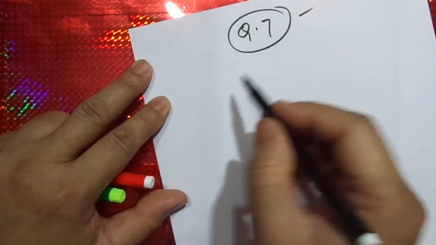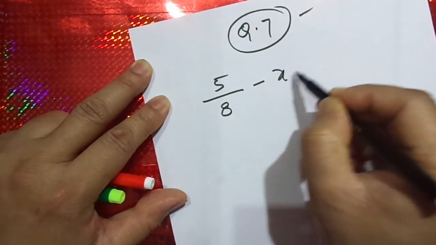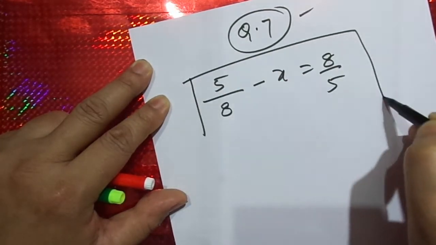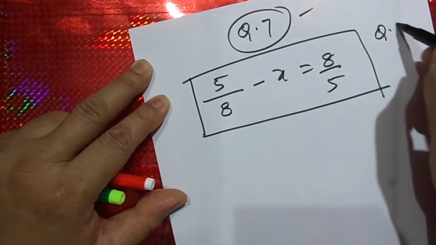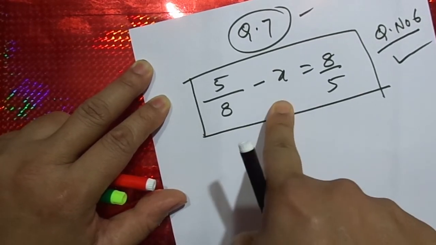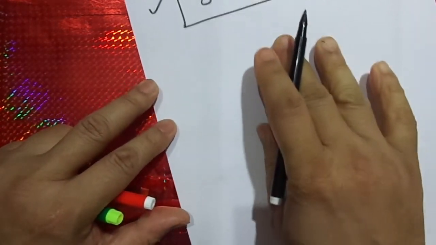So in question number 7 we have the same thing. 5 by 8 minus x is equal to 8 by 5, and on a repetition of question number 6, I think that you can do this by yourself. So I'll leave it up to you.